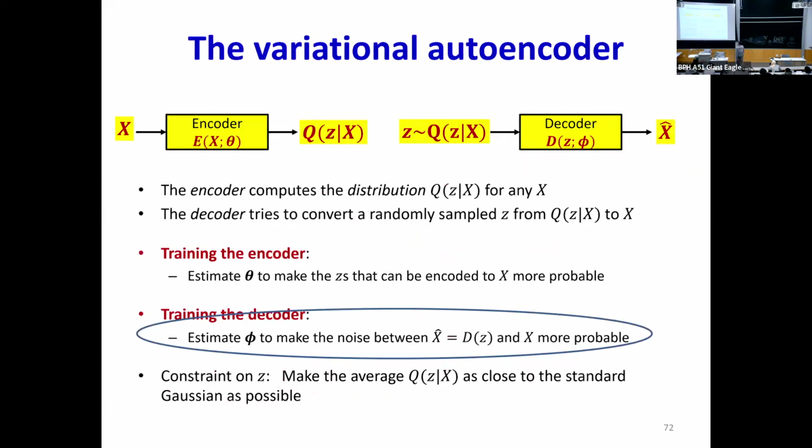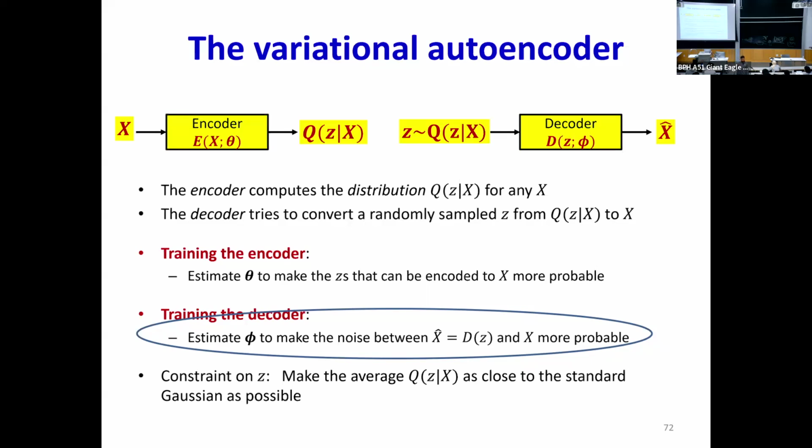Now the second is, how do you train the decoder? You want to estimate the phi such that for every sampled Z, the error is minimized, right? Which is to say the negative log likelihood of the generated data, of the training data, is maximized. If you minimize the error, it's like making the variance of the error very small.